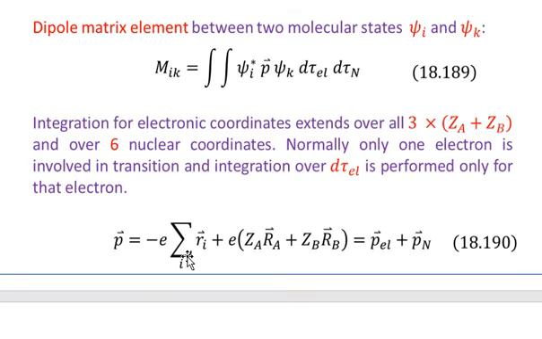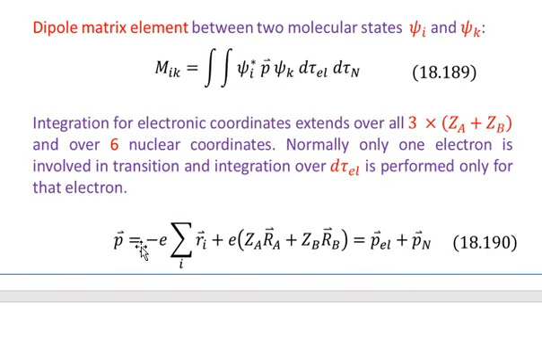And you know that we are summing up all the position vectors of all those electrons, plus the next part, which belongs to the nuclear part. That is the nuclear transition dipole moment, which is e times Za times Ra plus e times Zb times Rb. I have written these two in a separate form, Pel for the electrons and Pn for the nucleons.